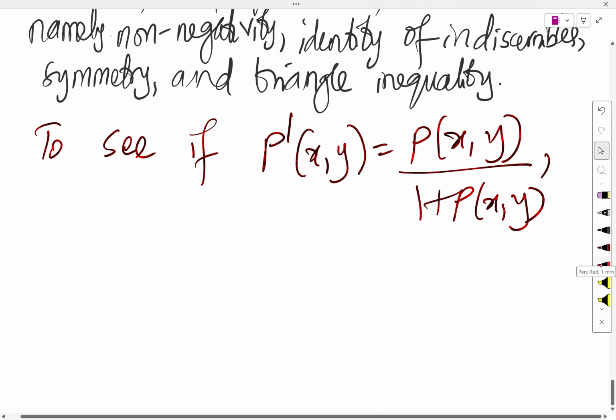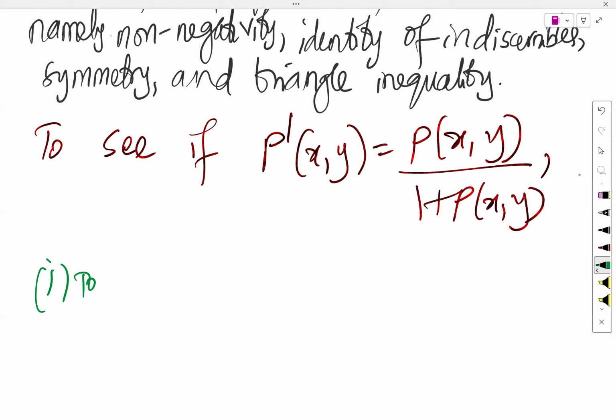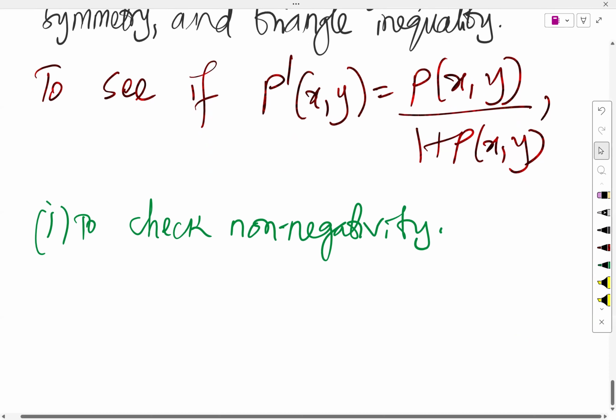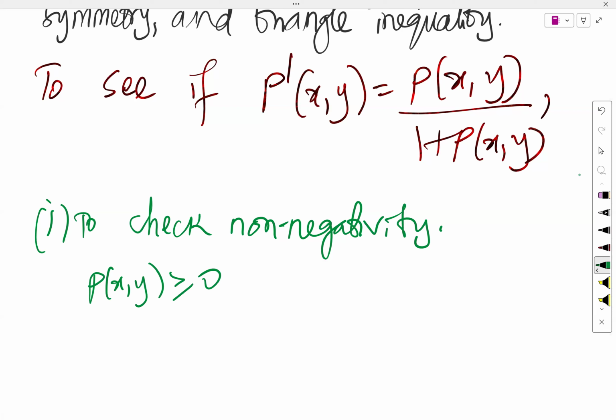In that case now, let's go and check number one, non-negativity. We already know that P of X comma Y is non-negative. It's greater than or equal to 0. If that is the case, it means that 1 plus P of X comma Y is still non-negative.